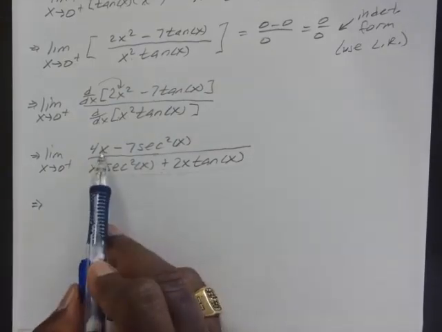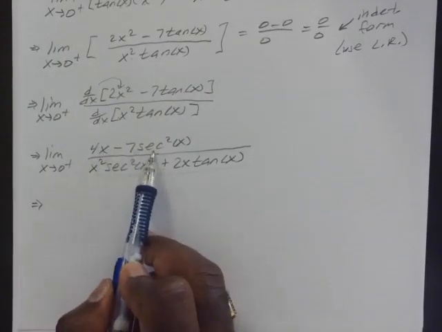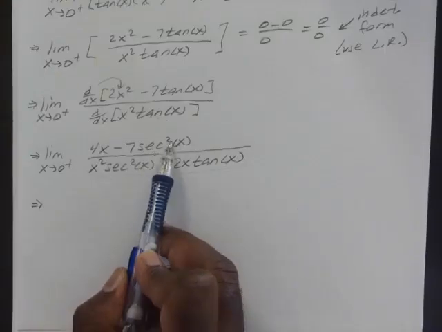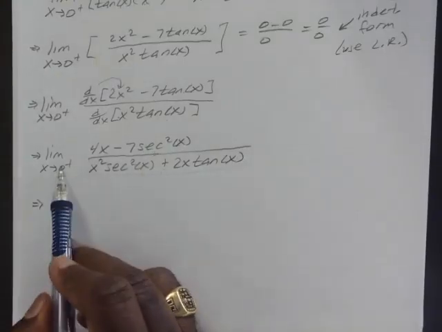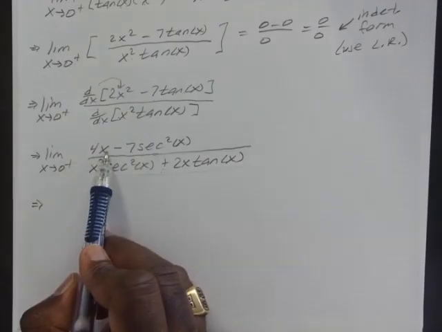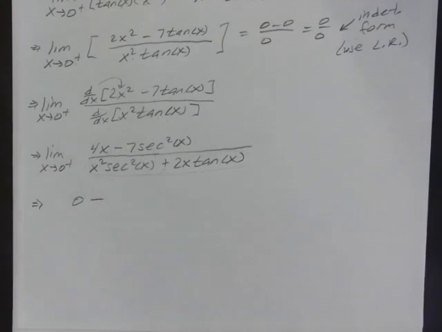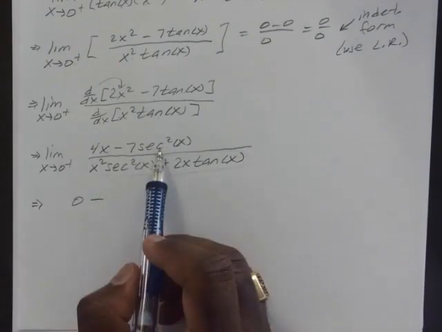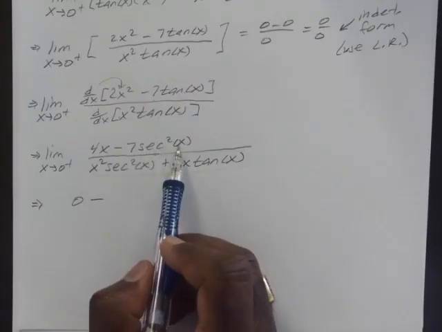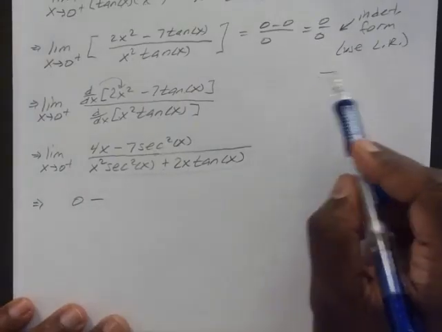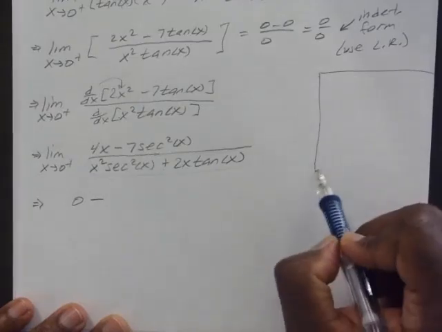So if we take our limit of 4x minus 7 times secant squared, the limit of 4x as x approaches 0 from the right is just going to be 0. Minus the derivative of secant squared 0, well, we can figure that out.